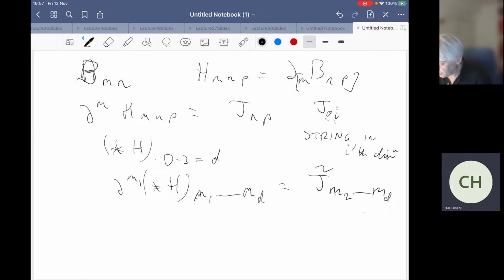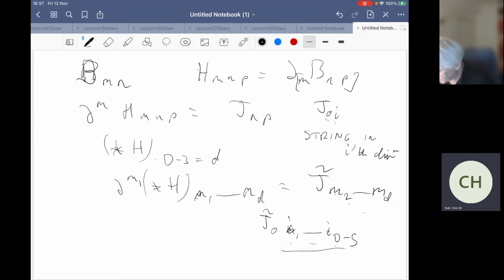And the magnetic current would couple to something which had a d minus 5 volume.